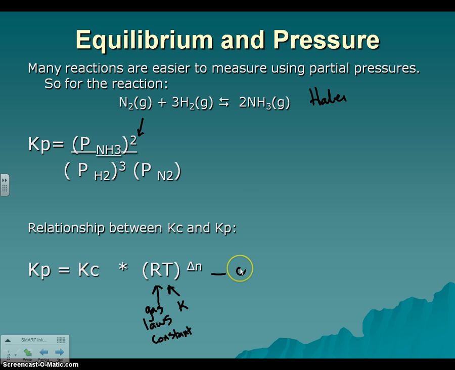Delta n refers to a change in moles, but just of the gas. Change in moles of gas only. So again, pay attention to those states of matter.